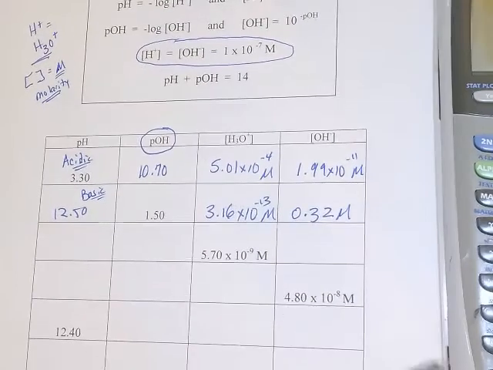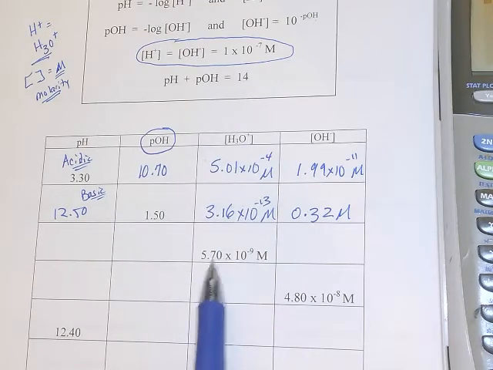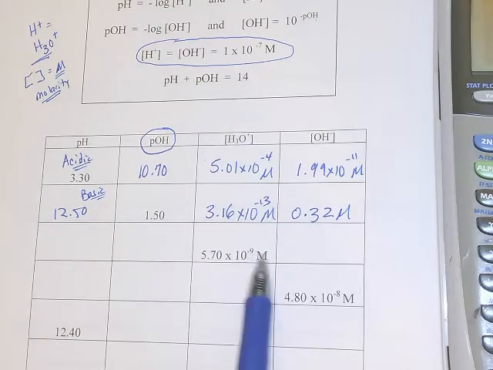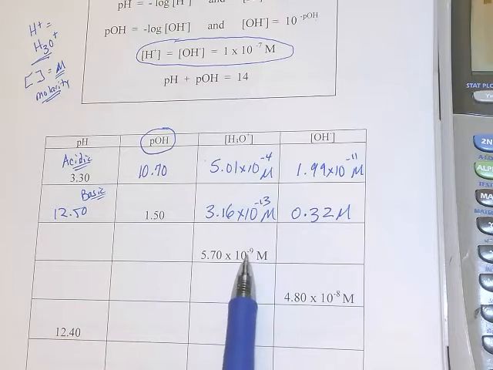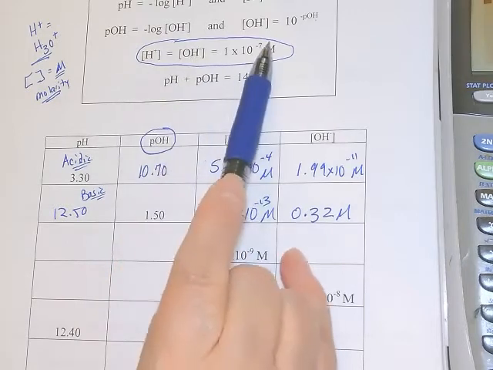So now let's see if you can do this one by yourself. You've been given the concentration of 5.7 times 10 to the negative 9 moles per liter. You should try to look at this number and see if you can predict whether this is an acidic or a basic solution. So look up here at your neutral solution.